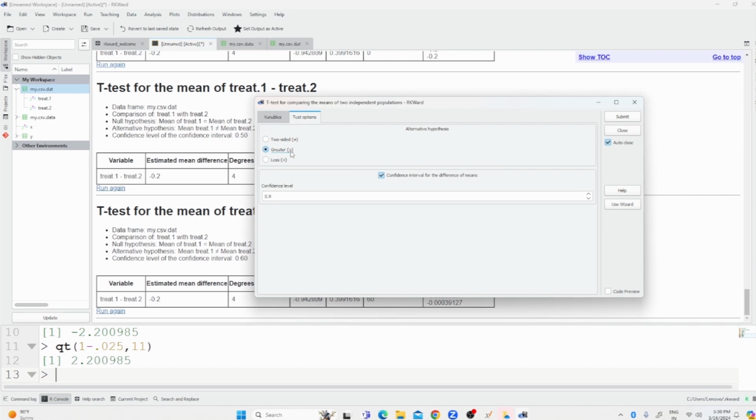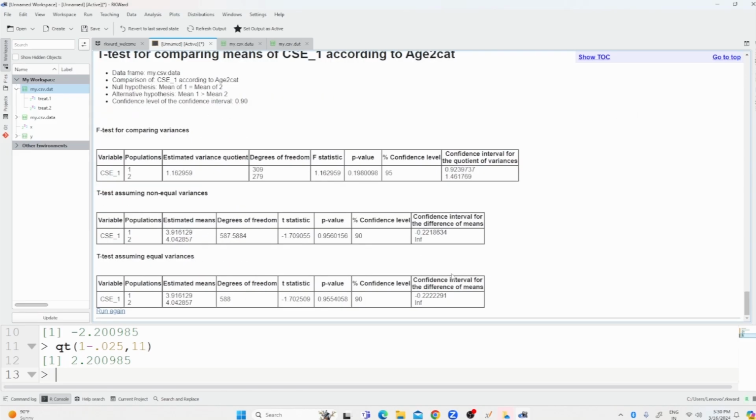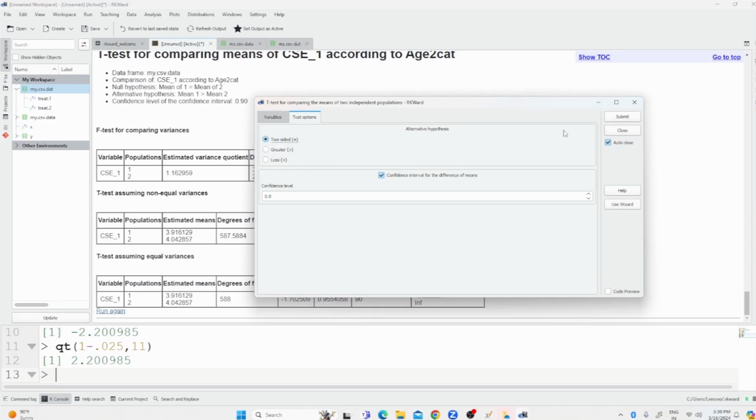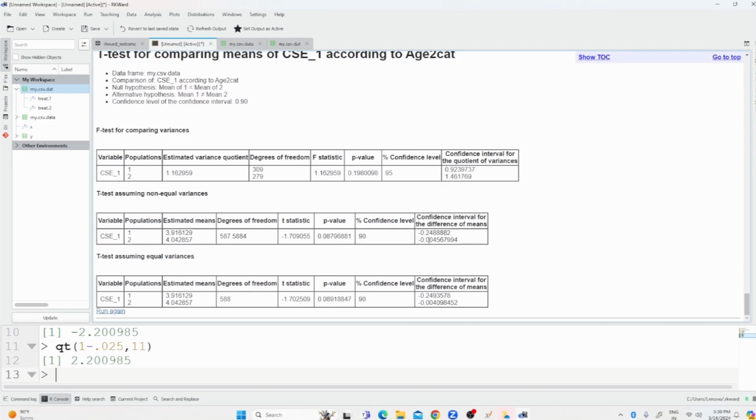Test option. This will tell a different story. See, just by changing the options, I get a different result. Okay. So, minus 2 to infinity, that was one thing.